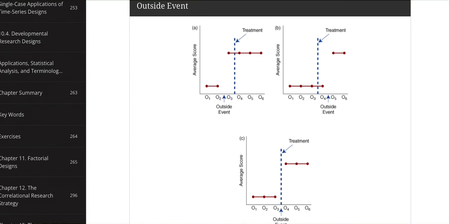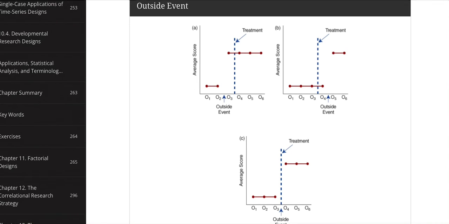So here, in part A, you see that those O's at the bottom are the observations, right? So between observation 2 and 3, something happened and it caused the scores to increase. Well, then the treatment occurred and the scores didn't ever change. So the treatment didn't have an effect according to this, but if you look, something happened to cause these scores to change.